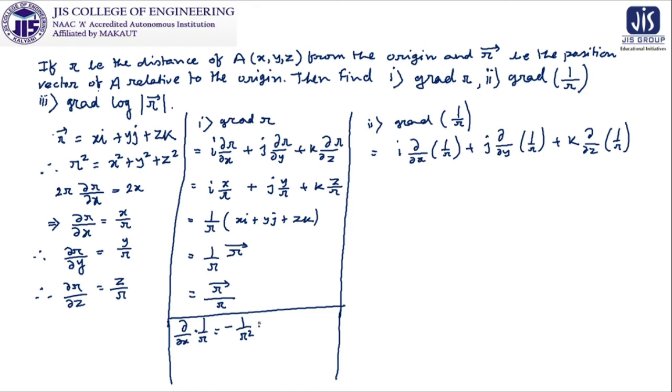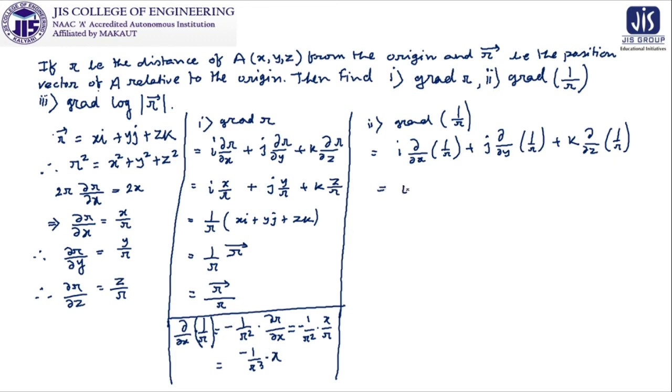And we need del r del x, which is already known to us, it is x by r. So del del x of 1 by r is minus 1 by r square times x by r. Finally we get minus 1 by r cube x.